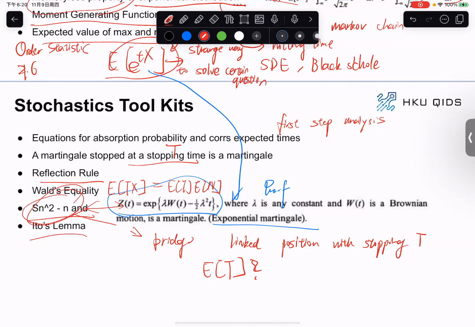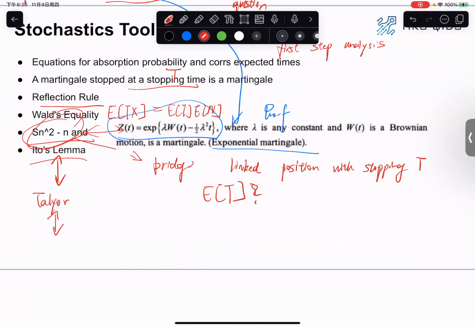Last but not least, Ito's lemma. For this one, you may check some textbooks because I think the Green Book does not give you the real foundation or the derivation from scratch. They just give you the application. But I think you really need to have a good understanding of Ito's lemma. It takes a lot of time, at least 1 or 2 days, but it's worth it. Try to understand its linkage with Taylor expansion and how it is applied in Brownian calculus and its application, which is the BS model.